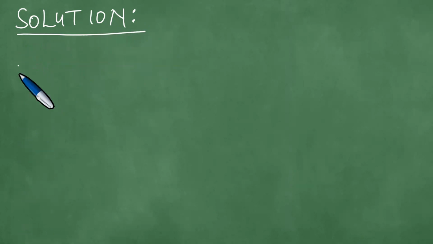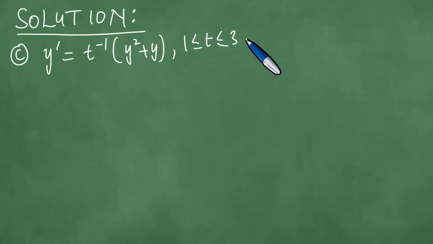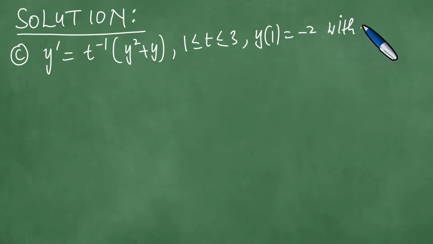I chose C, but that does not mean the others are not to be done. C is y prime equals t to the power minus 1, y squared plus y, with t between 1 and 3. y at 1 is minus 2, with h equals 0.2.